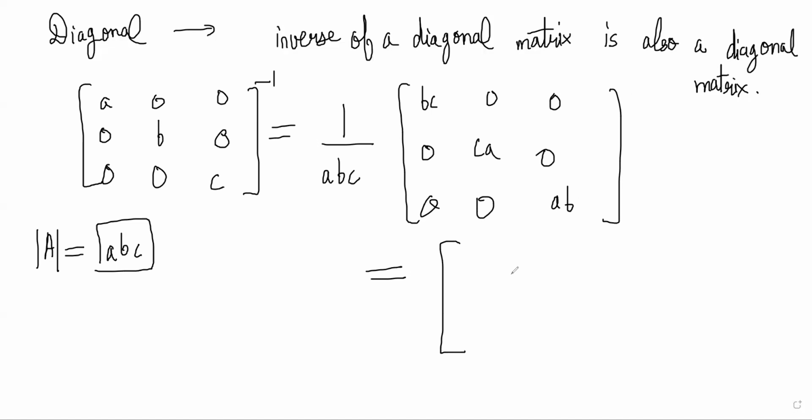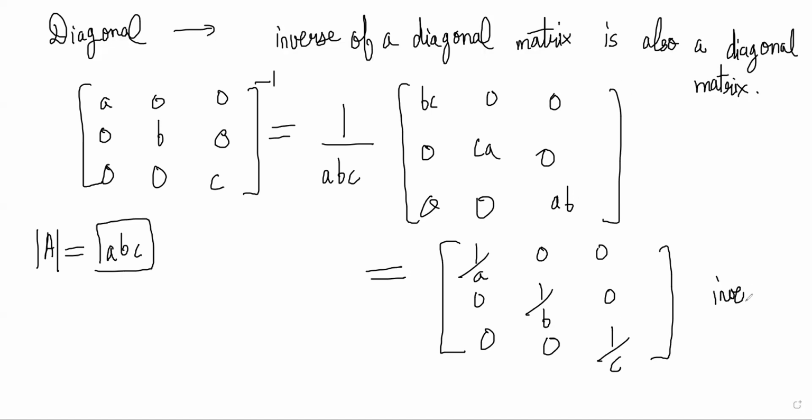So the 1 by ABC of that is 1 by A, 0, 0; 0, 1 by B, 0; 0, 0, 1 by C. So this is my inverse of A. A was a diagonal matrix, 3 cross 3 like this. The inverse of A is basically simply inverting the diagonal elements. All the other elements are 0, they remain 0. That is the special case for the inverse of diagonal matrices.